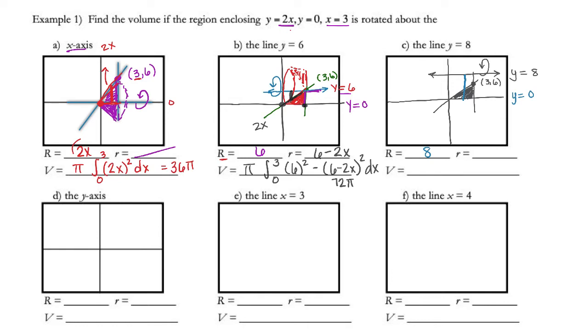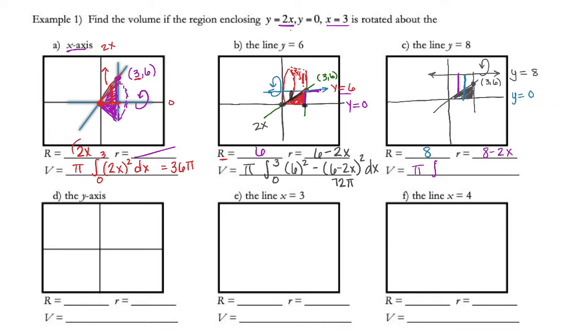But then we need to come back and take out the inner part, or the part that's creating the hole in the revolution, sorry, or solid here. So that's going to be 8 minus 2x. So the volume is going to be pi, and we are integrating.